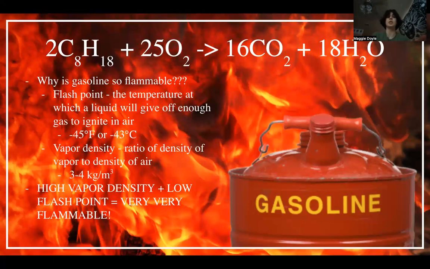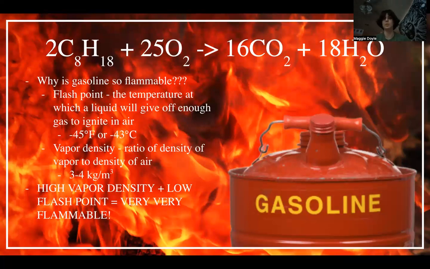Vapor density is the ratio of the density of the vapor that the liquid's giving off to the density of air. Gasoline's got a super high vapor density, right? Normal vapor density, call it 1. Gasoline's got a 3 to 4 vapor density, which is a lot, which means there's a bunch of particles in the vapor.